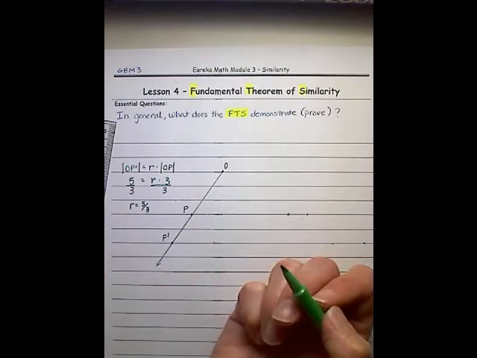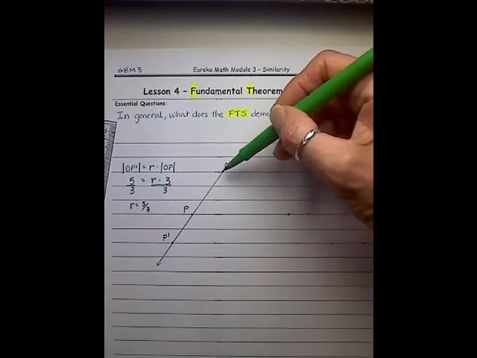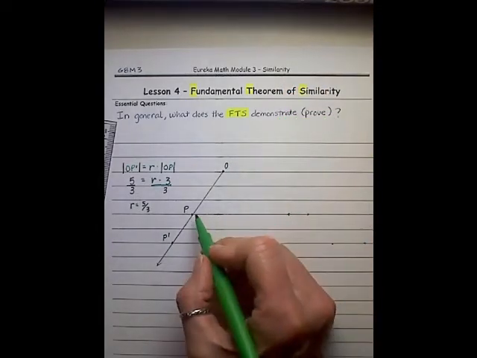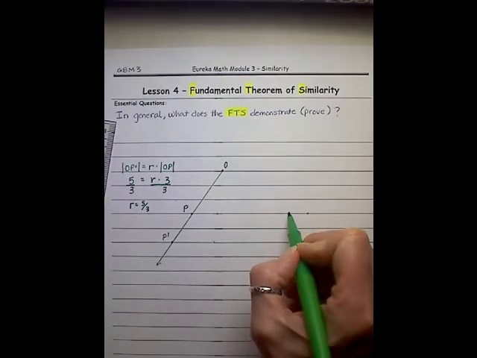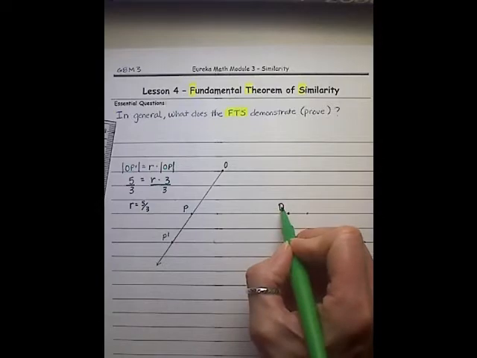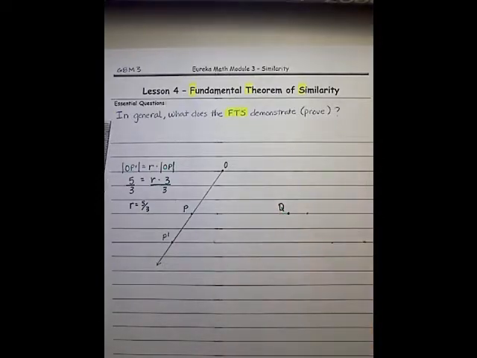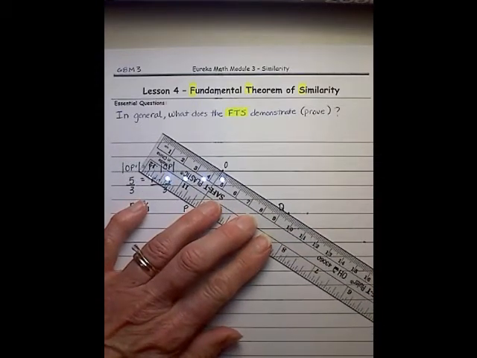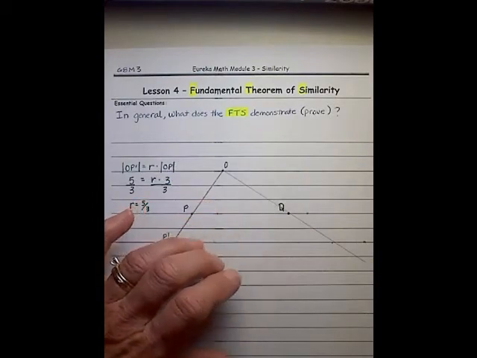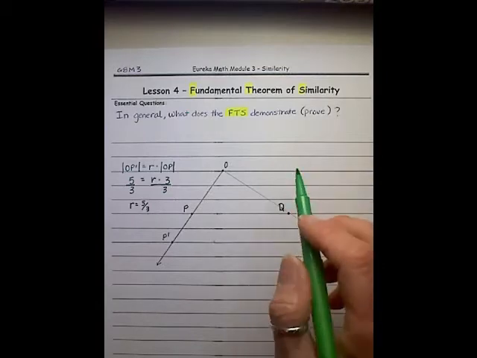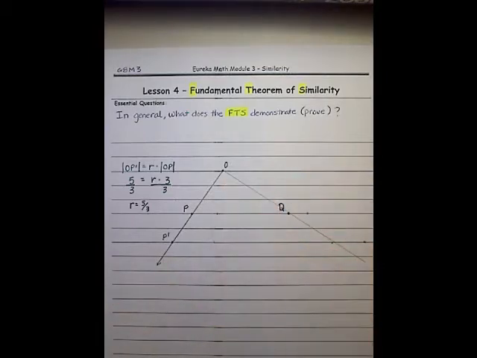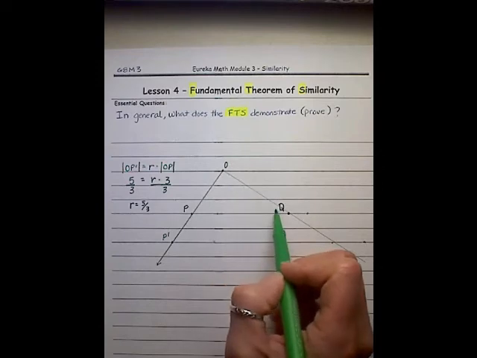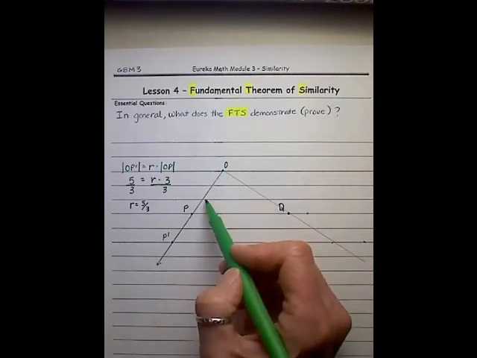Now we're going to draw another ray. Over on this side, let's find point Q, and I'm going to do it on the same line as point P. We're going to call that Q. Then we're going to draw a ray from O through Q. To dilate point Q, since this is 3 lines down and this is 3 lines down, then our dilated segment here is 5 lines down.